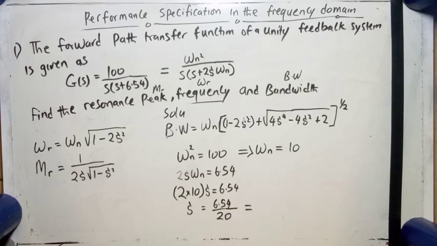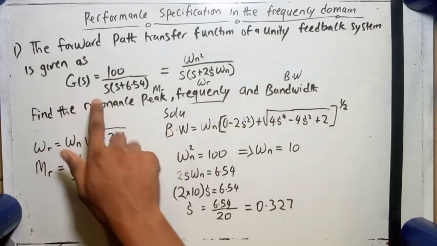And whatever this gives you can only be your damping ratio. So 6.54 divided by 20, we have 0.327.